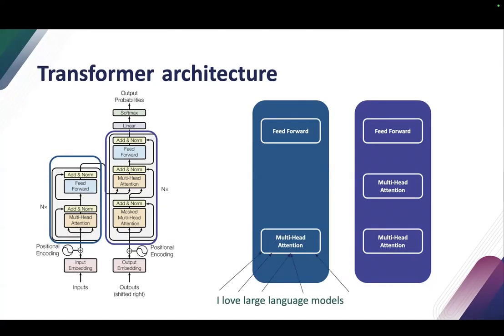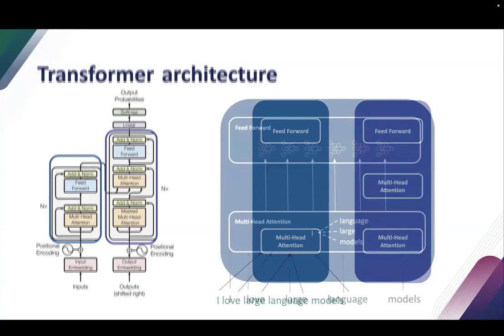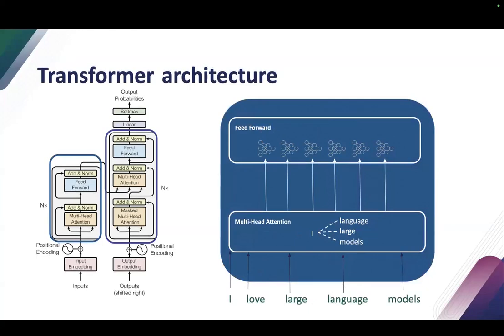The way this would work is that if you have a sentence like "I love large language models," every word goes into your multi-head attention at once. That's why it can be parallelized, because all the words go into your architecture at the same time. And then they are compared to one another, and the output of that is inputted into the feed-forward component of the architecture.